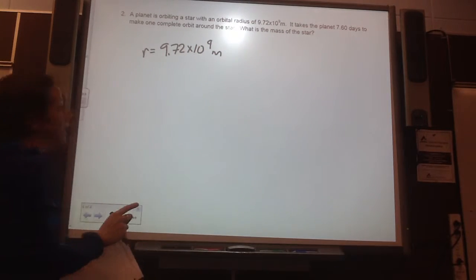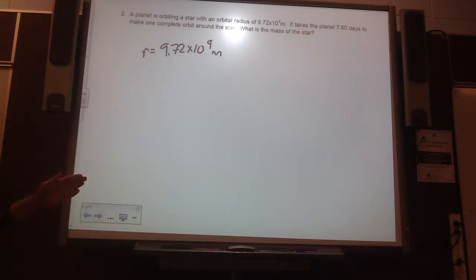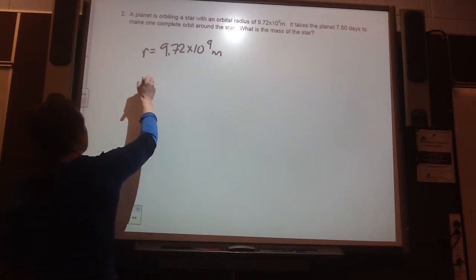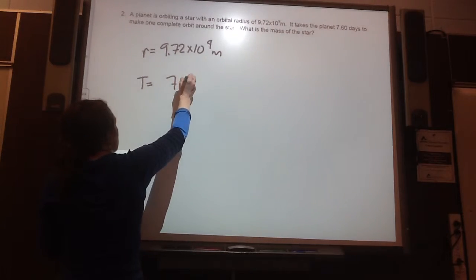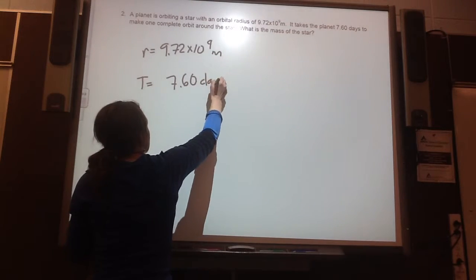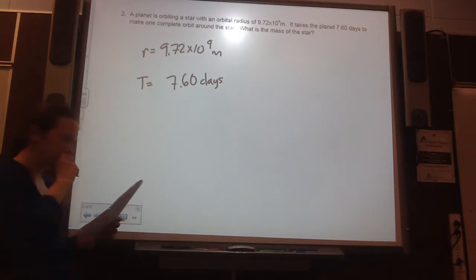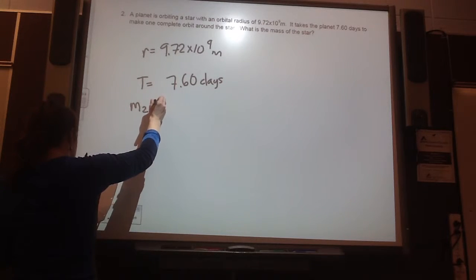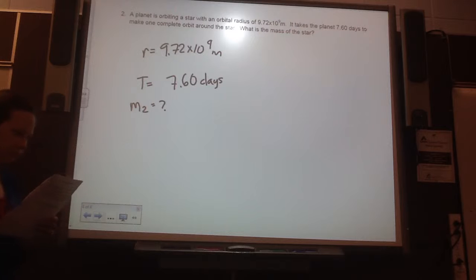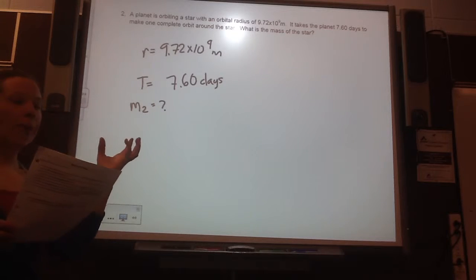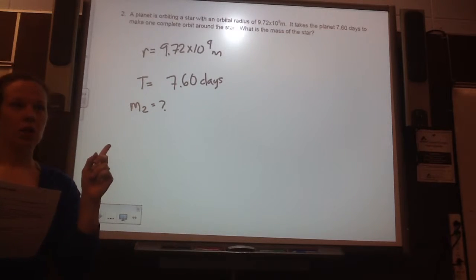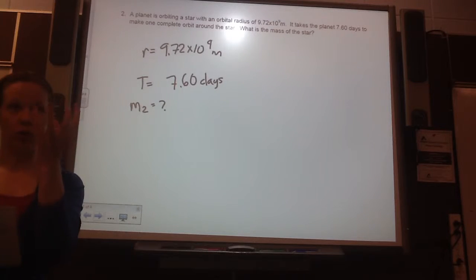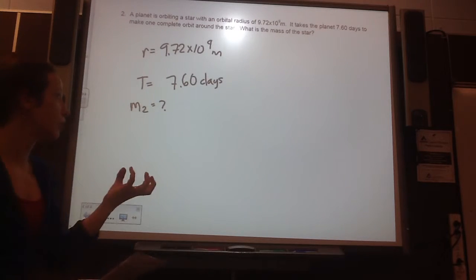It takes the planet 7.6 days to make one orbit around the star, so T is 7.60 days, because that's per one orbit. What is the mass of this star? That's M2, because the star is the central focus point. A planet is orbiting the star, so the planet is M1 and the star is M2, because it's creating that gravitational field strength.